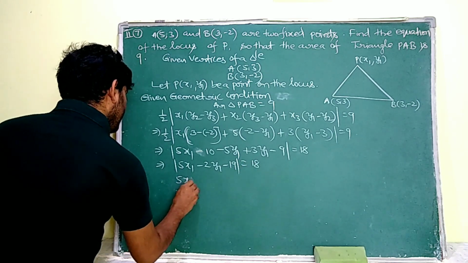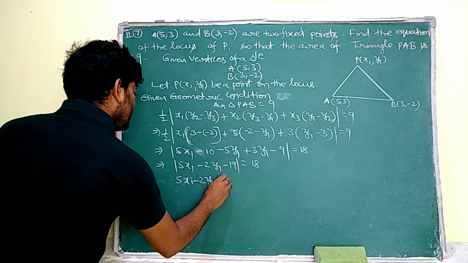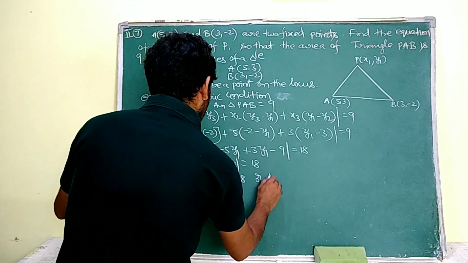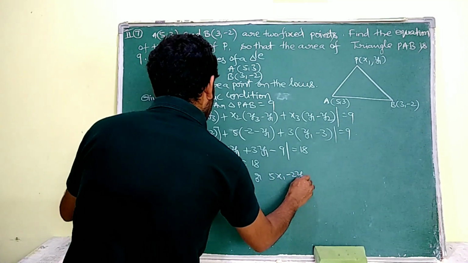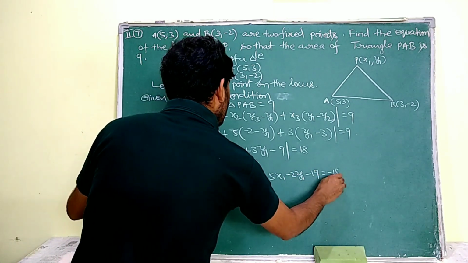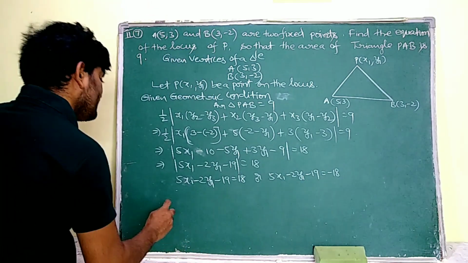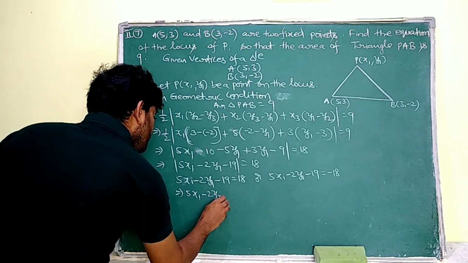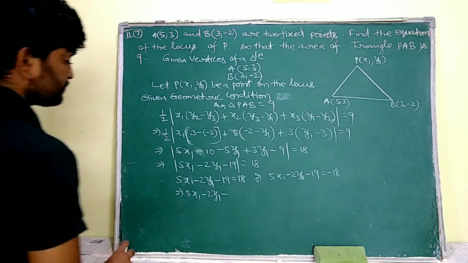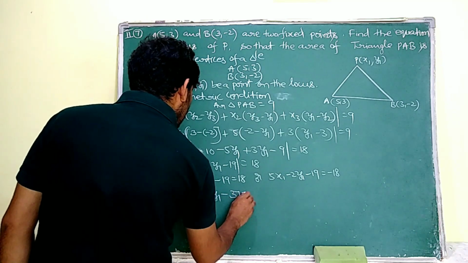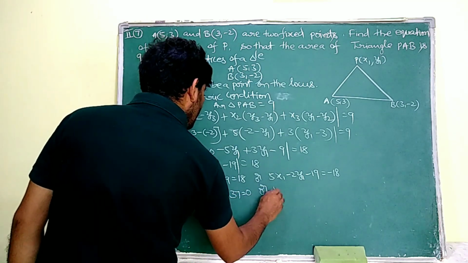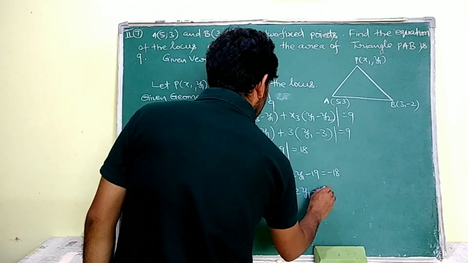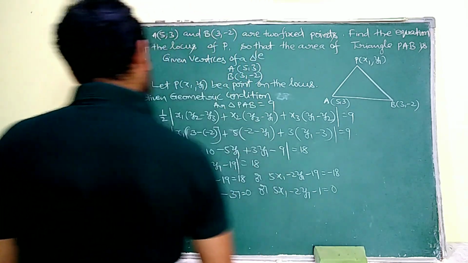This can be expressed as 5x1 minus 2y1 minus 19 is equal to plus 18, or 5x1 minus 2y1 minus 19 is equal to minus 18. Now by this I am going to write 5x1 minus 2y1 minus 37 is equal to 0, or 5x1 minus 2y1 minus 1 is equal to 0.